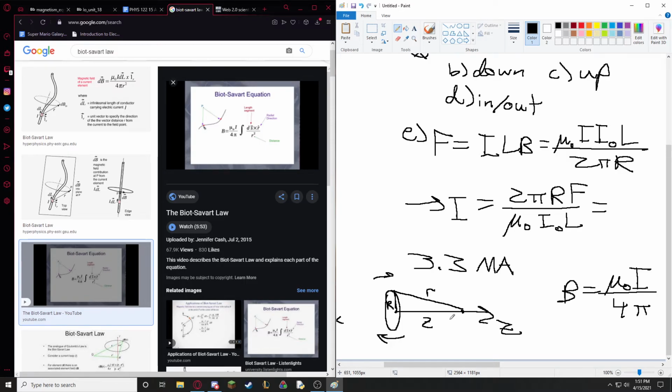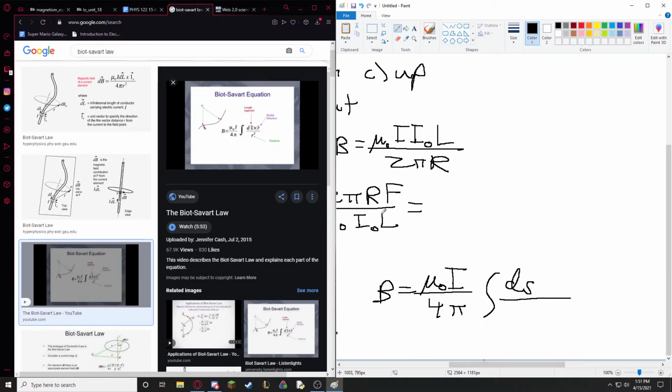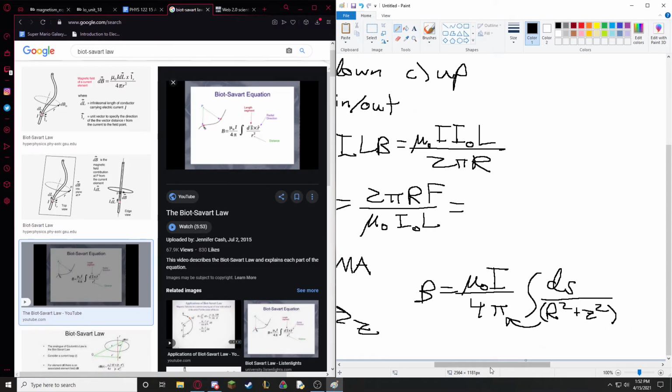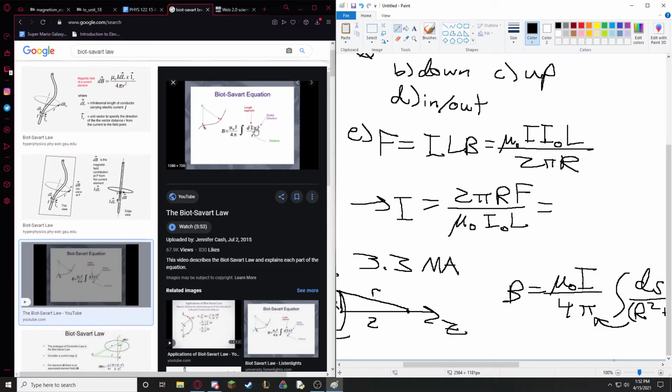This radius r would just be the square root of big R squared plus z squared, right? And we have that r on the bottom, so R squared plus z squared, which, by the way, is a constant that can come out. And then we have this cross product with ds cross r hat, which is the radial direction.